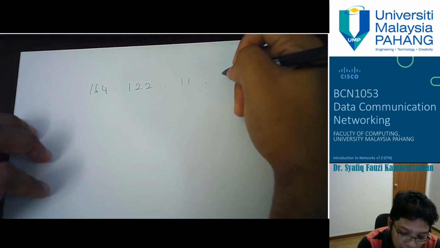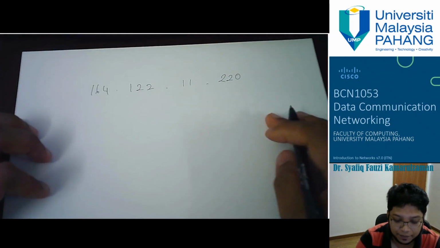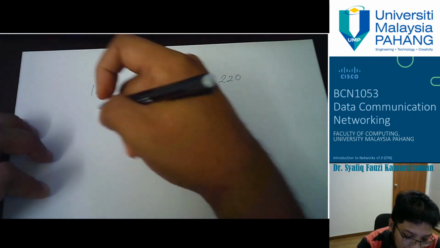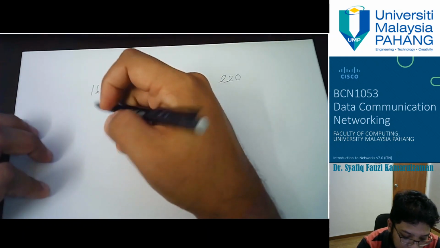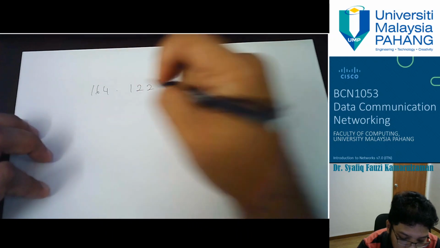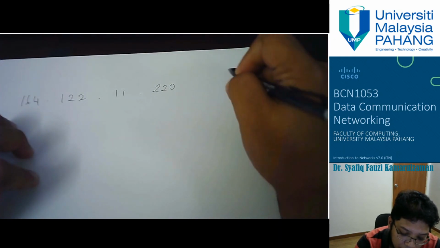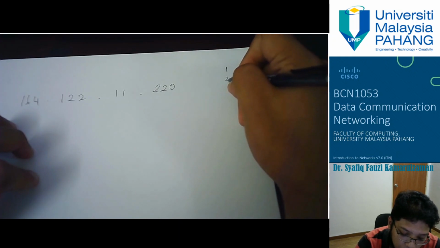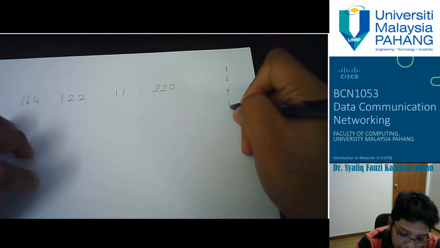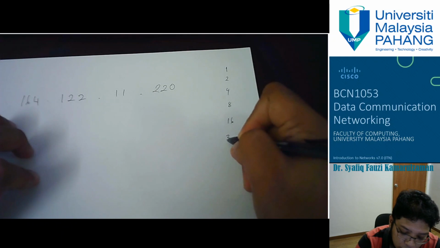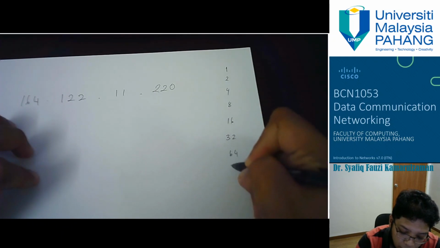164.122.11.220. Okay, this is a little bit hard. So here 164, you need to draw the table first. You have 2 power of 0 is 1, 2, 4, 8, 16, 32, 64, 128.